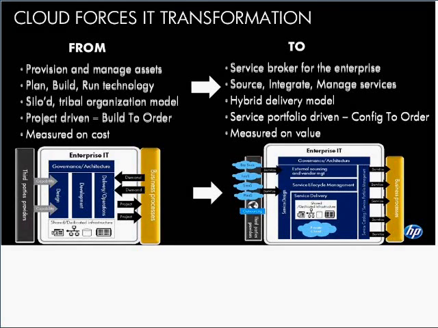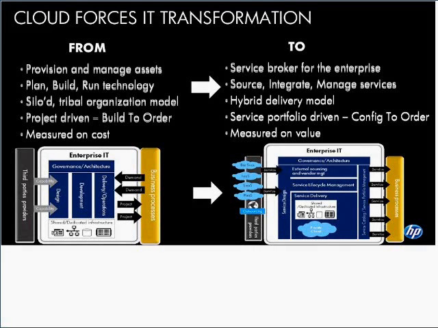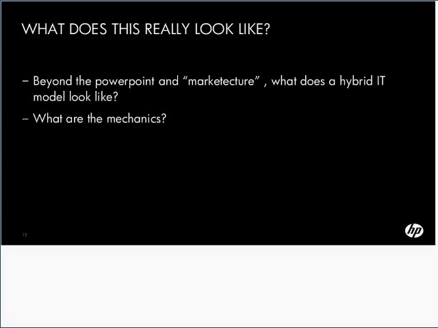If it's related to technology, then it's going to be measured on cost. If it's related to the business services and the business capabilities, it's going to be measured on value. So that's going to require a new organization model, right?